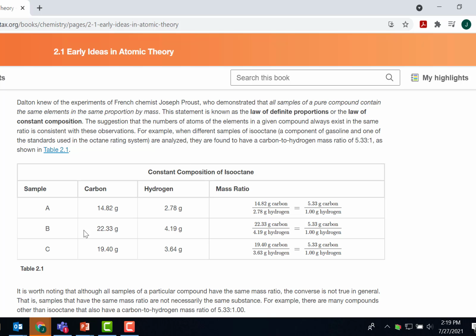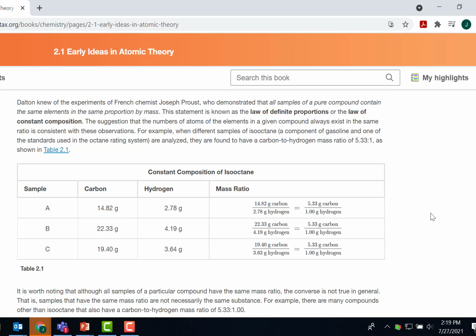So we're looking at a more complicated example than water here, isooctane, and we're showing that in a variety of samples we have an amount of carbon and an amount of hydrogen, and those amounts you can see are different from sample to sample. But when we divide them, we get the same mass ratio each time of 5.33 grams of carbon per every gram of hydrogen.